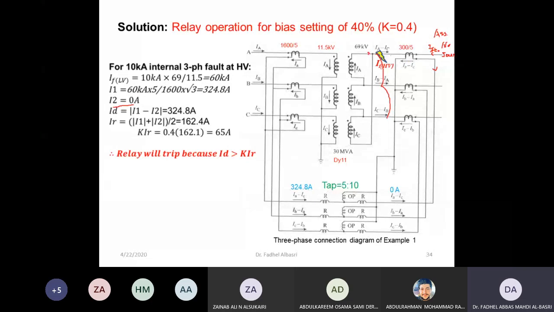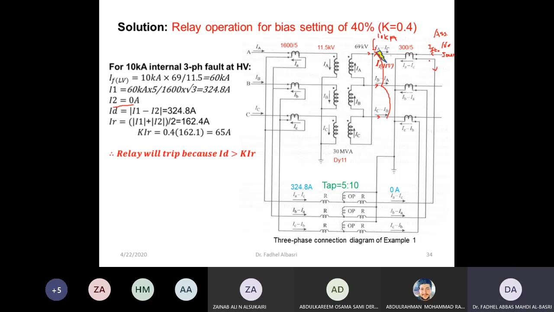But there is a fault current here. So that current that goes here is 10 kilo ampere, still as the previous case. Electrically, this point and this point are the same, so this is also 10 kilo ampere. Each phase has 10 kilo ampere.